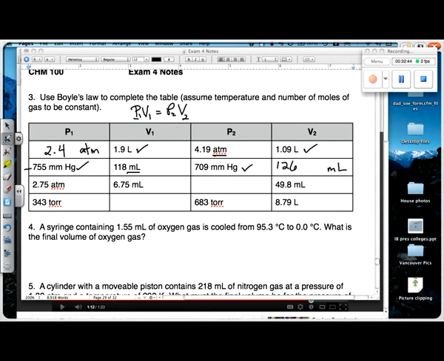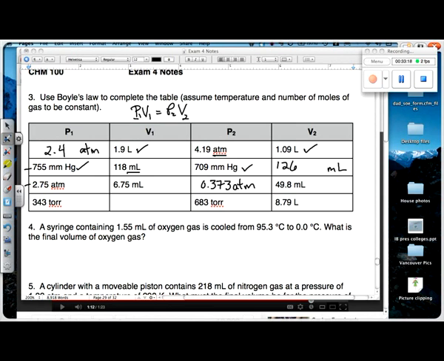All right, the third one, we're going to multiply P1 and V1 and divide by 49.8. And I get 0.373 atmospheres. Okay. So does that make sense? We increased the volume quite a bit, so we decreased the pressure. All right.